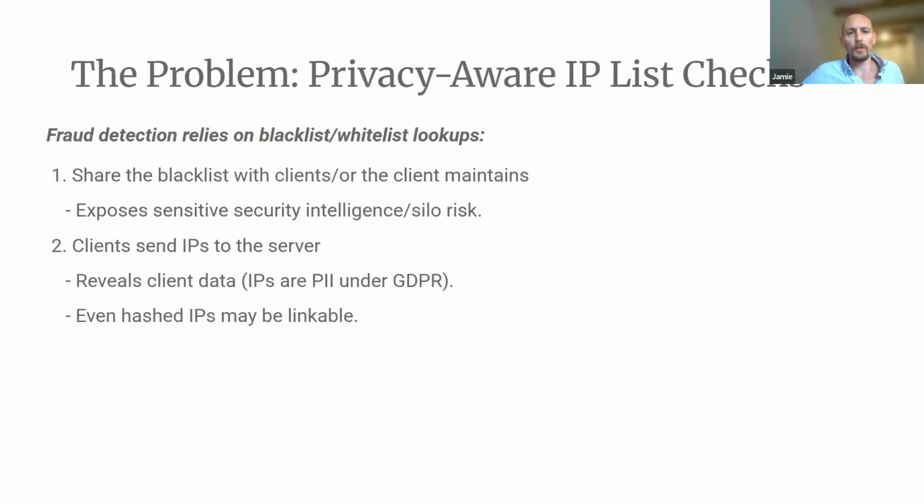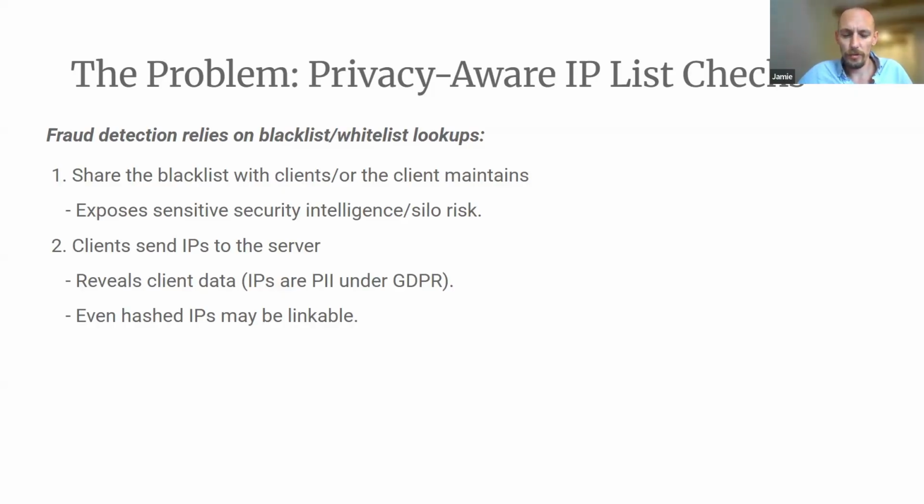When we look at these whitelists and blacklists, there are two ways to handle that. An IP address itself is considered an artifact that is PII, personally identifiable information, and is therefore covered by standards like GDPR and the US CCPA, the California Consumer Privacy Act.